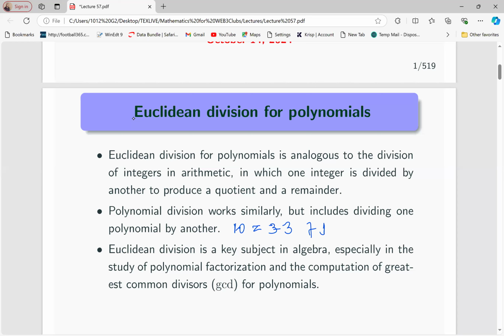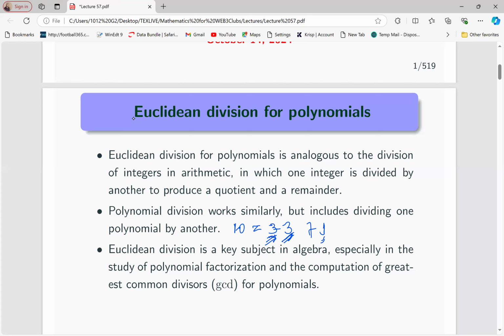This is what we call a Euclidean division, where you have the quotient. Of course, you have the divisor, the number that you're using to divide. Then you have the result, which we then call the quotient, and then we have the remainder.